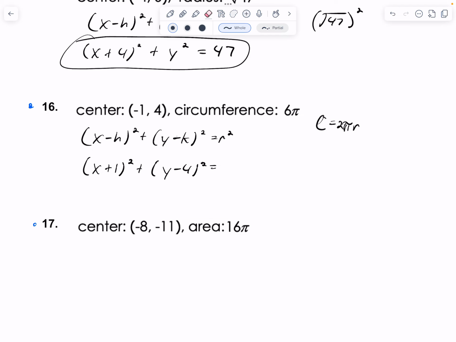So the circumference is 6 pi, which is equal to 2 times pi times the radius. Now I see pi's on both sides, so they're going to go away. And to get that 2 to go to the other side, I'm going to divide both sides by 2. So my radius is equal to 3. Now that's not what I'm putting into the equation, because remember, it is the radius squared. So I'm going to put 3 squared in there, which is 9.